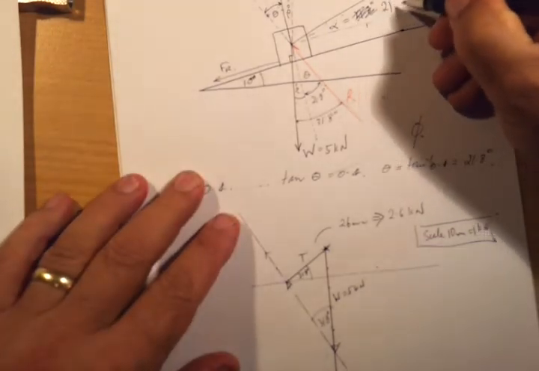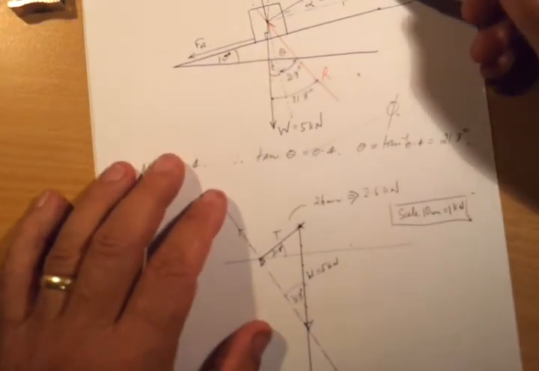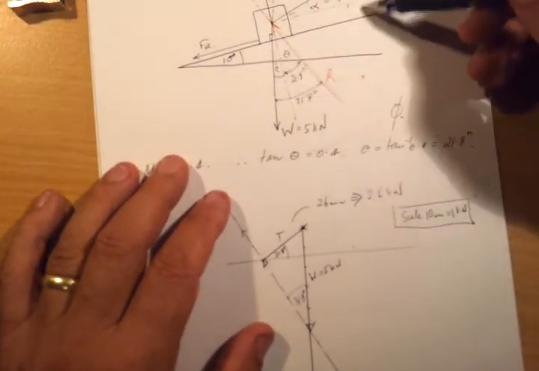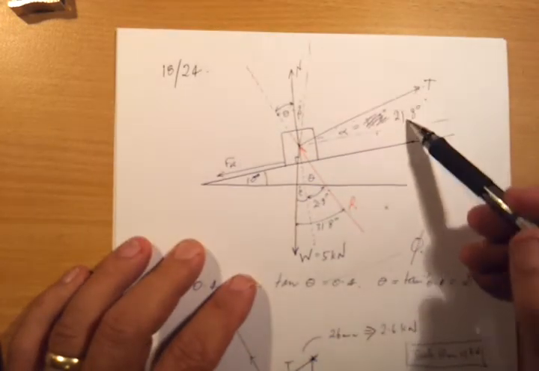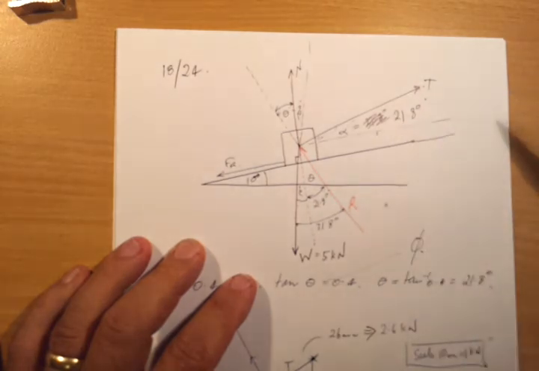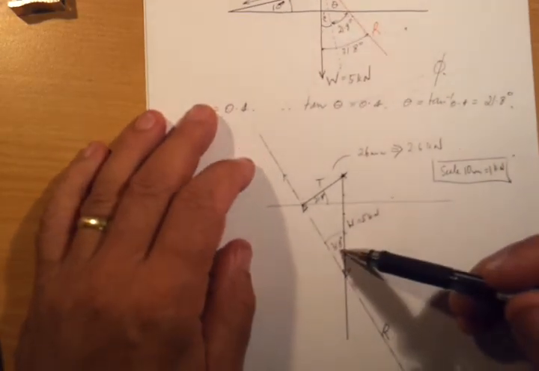Yep. So that, when added to the 10 degrees, will produce the angle of repose. Yeah, that makes sense. So this angle being 21.8, added to the 10 degrees, produces 31.8 degrees, which is the angle of repose.